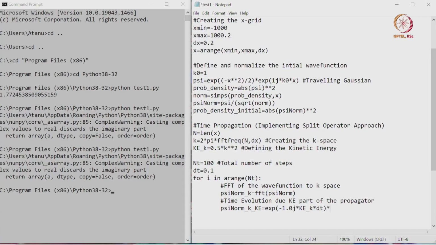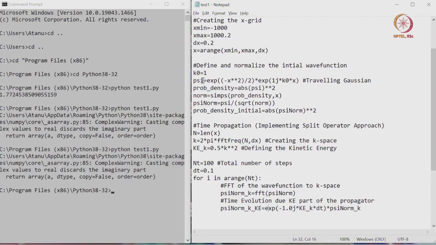This part will be multiplied by the Fourier transform part. So this is element-wise multiplication. Note that K underscore k is an array, and when you multiply this array by dt and minus ij, which is a complex number, it gives you another array through element-wise multiplication.